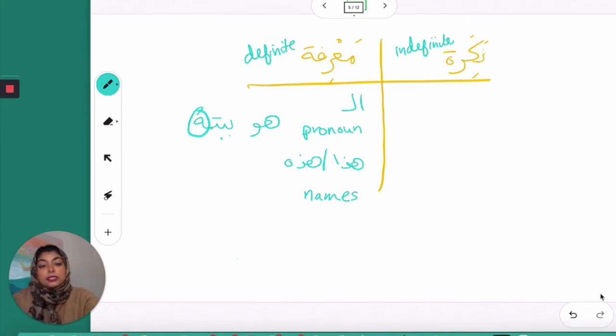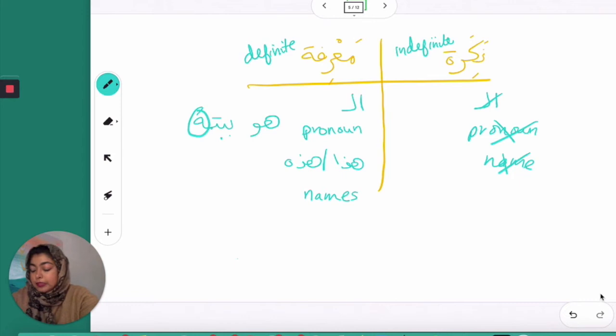There's a couple more examples. We're not going to go into all of those because we haven't done all those kinds of words yet. But this is just a basic beginner list. Nakira, words that are indefinite, are words that don't have any of those things. So it does not have alif lam, and it doesn't have a pronoun attached to it, and it's not a name, right? If it's not any of those things that make it ma'arifa, then it's going to be indefinite.